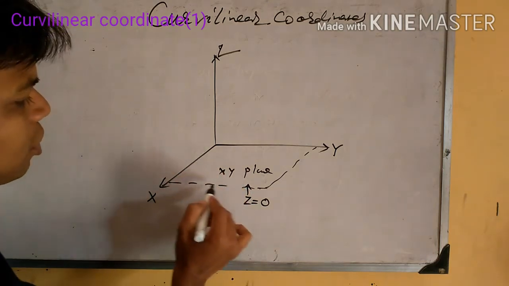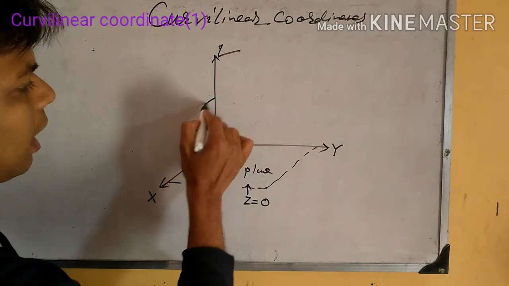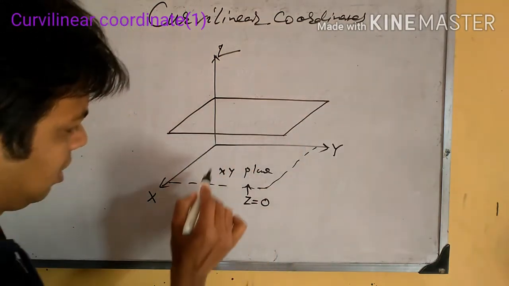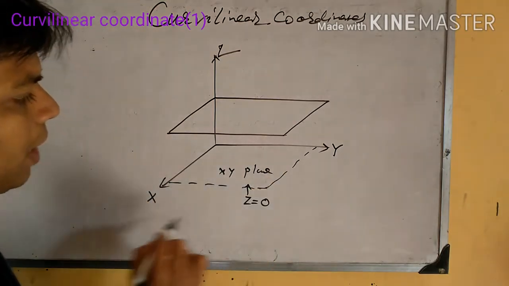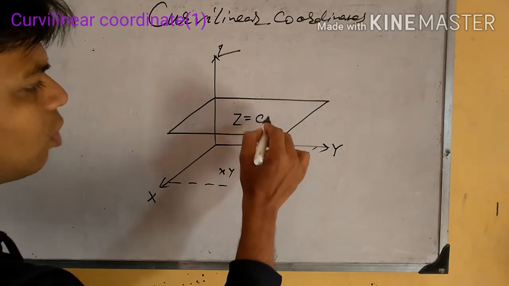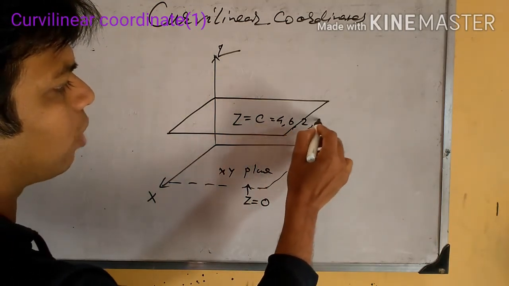Now if we shift upwards along the z direction and draw another plane parallel to the xy plane, that is the z equals 0 plane, we get z equals c, where c is a constant. It may be 4, 6, 2, 8, any number.